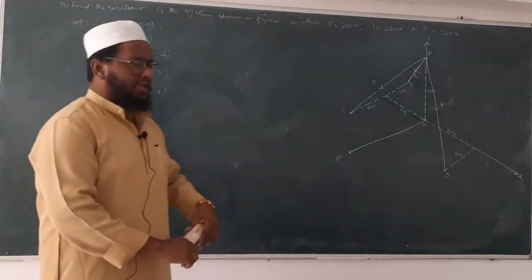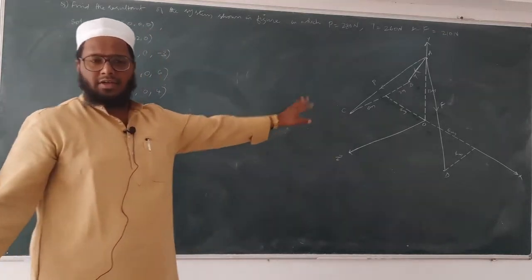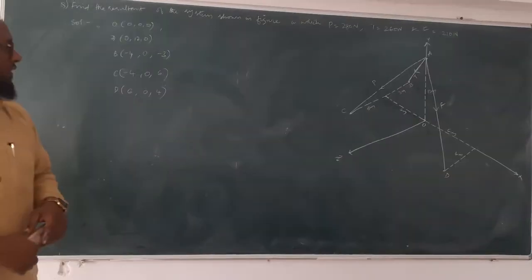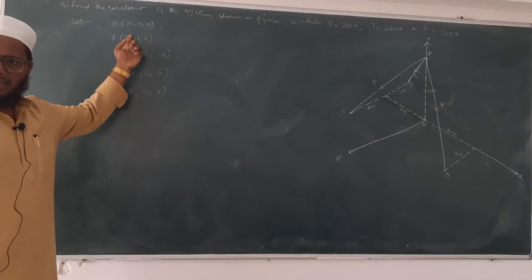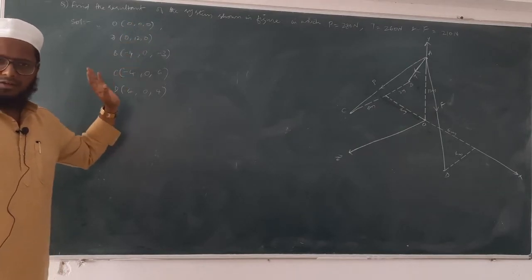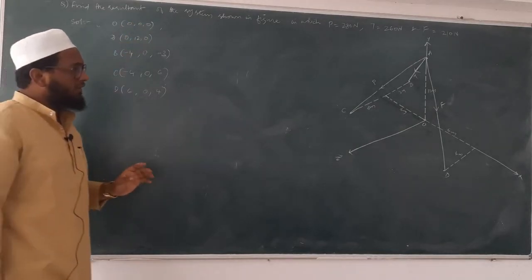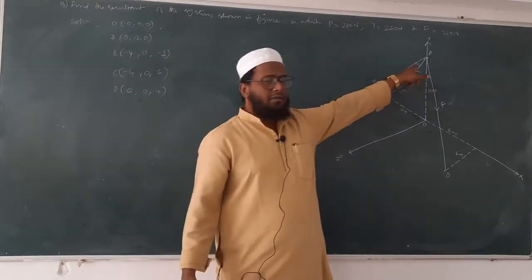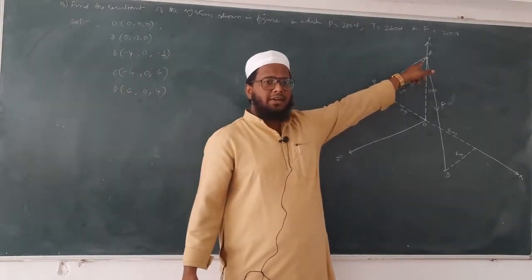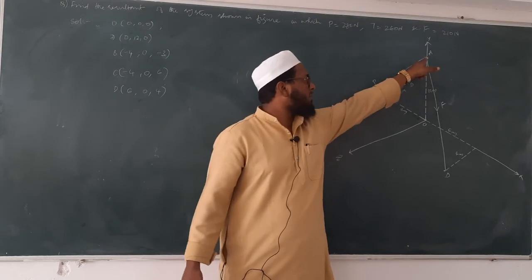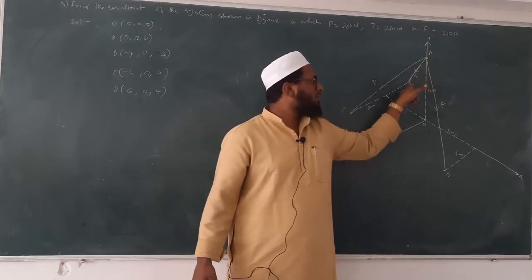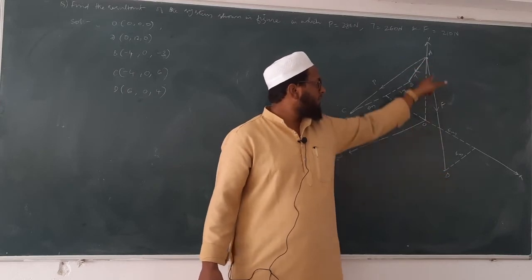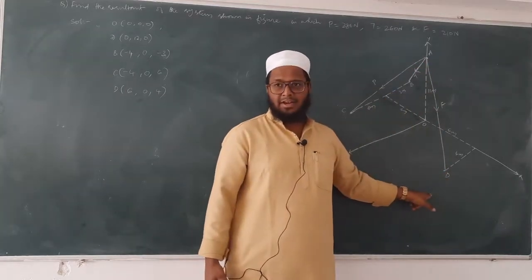We got A, B, C and D. So now we have taken origin, A, B, C, D. All the coordinates we have taken. Now see here very carefully. This force is passing from A to C. This force is passing from A to B. Similarly, A to D.